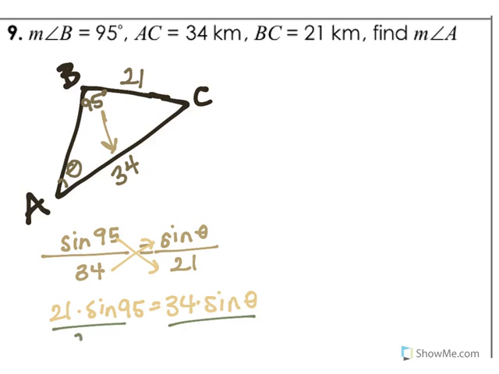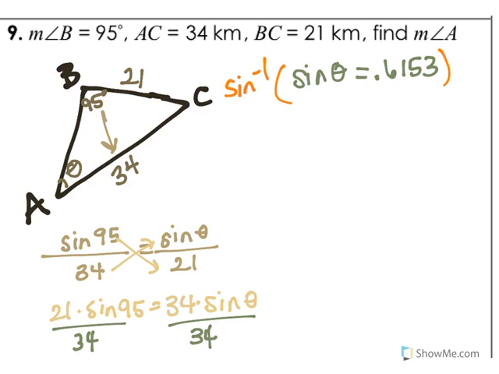Divide by 34 on both sides. So sine theta is equal to 0.6153. So remember, to solve, we're going to take the inverse of both sides, sine inverse. So this cancels out, and you get theta equals sine inverse of 0.6153.